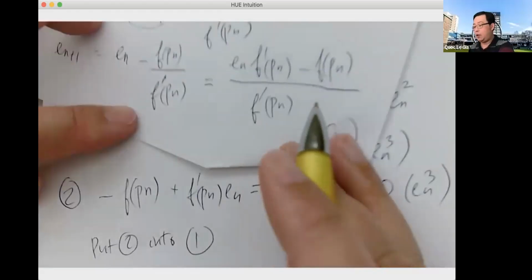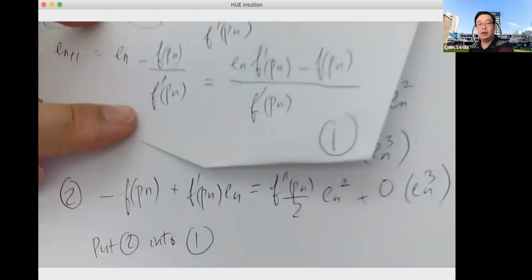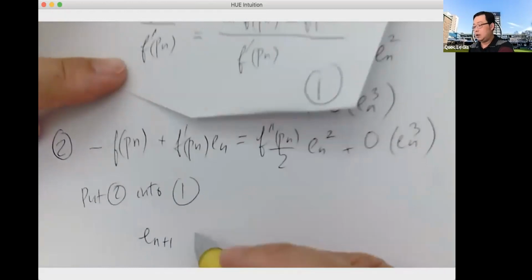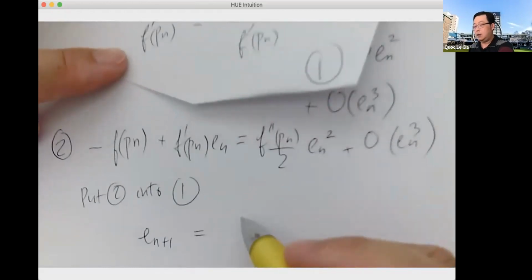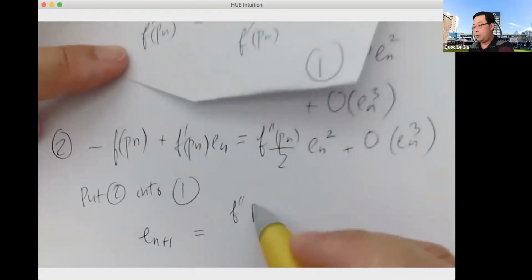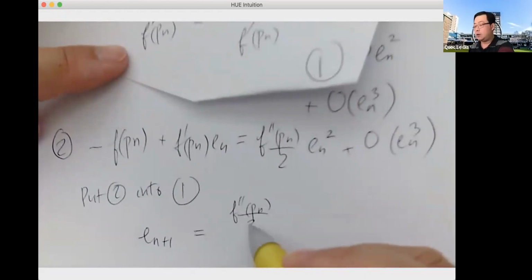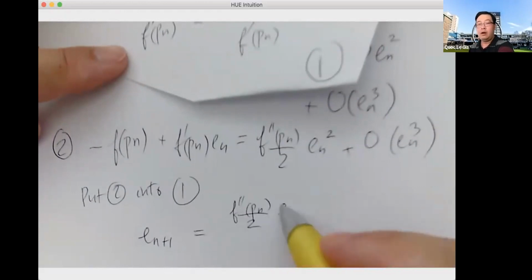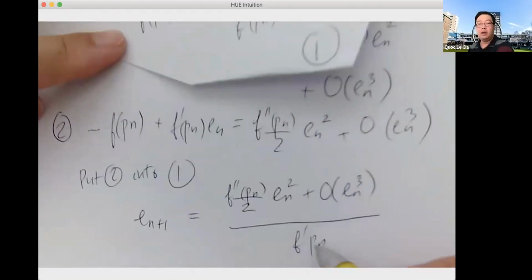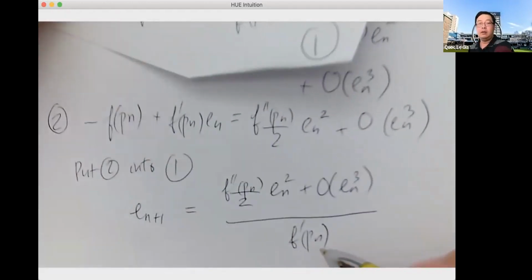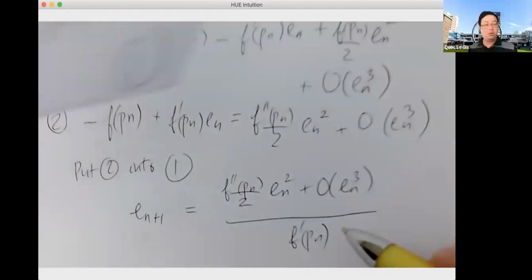So now I have En plus 1 equal to f double prime(Pn) over 2 En squared plus O(En cubed), over f prime(Pn).